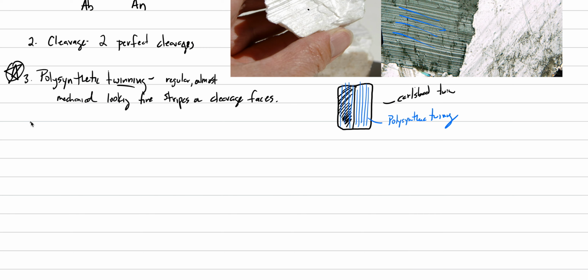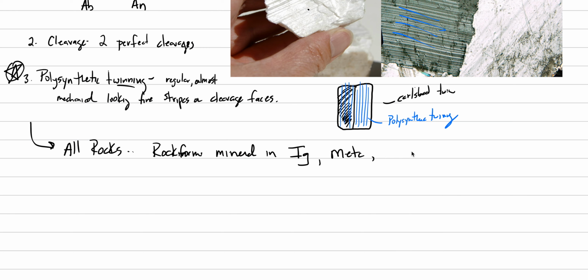Where do we see plagioclase? Well, it's not in all rocks, but what I'm trying to say here is that it is a rock-forming mineral in igneous, metamorphic, and sedimentary systems.